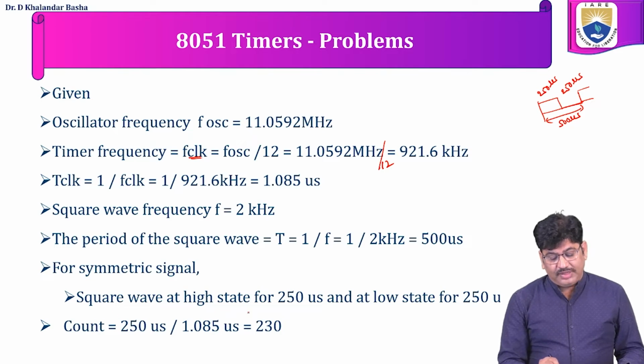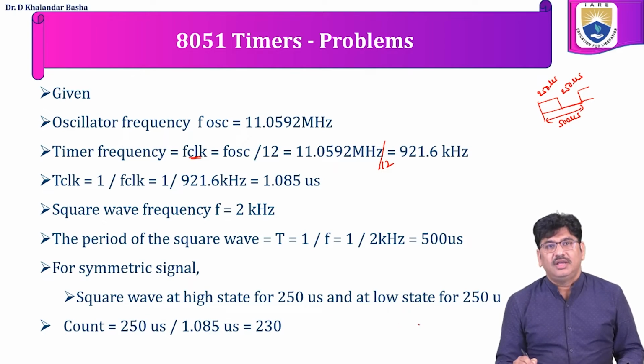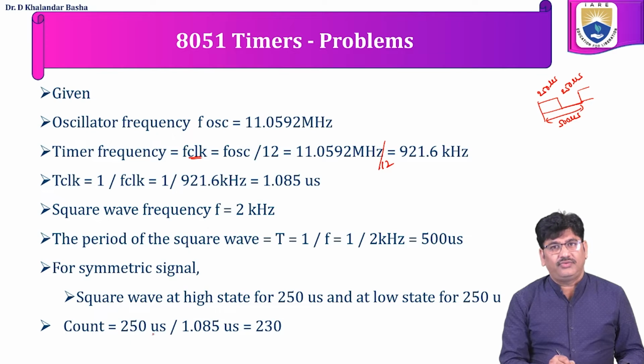The square wave is at high state for 250 microseconds and low state for 250 microseconds. The count, how much count we have to place, is the time required for the signal divided by the time of each clock pulse that we calculated here.